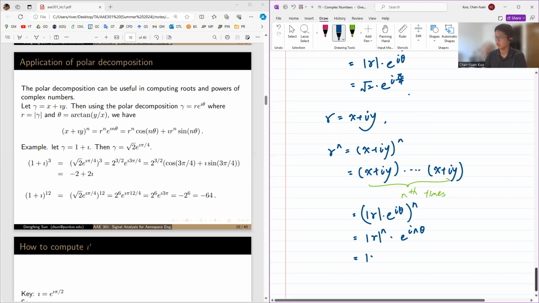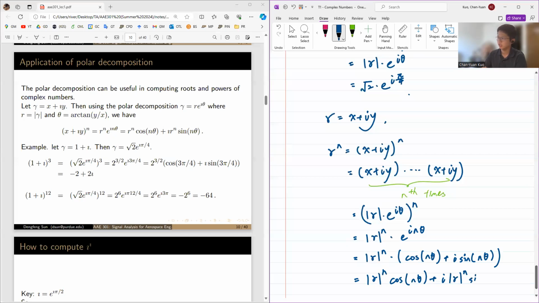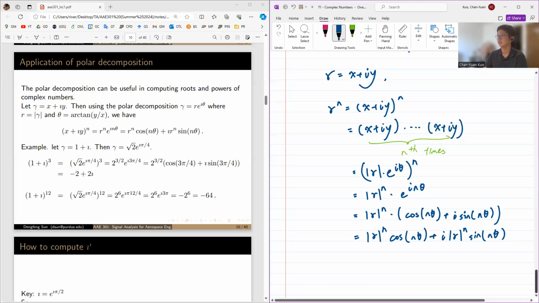So we will have the magnitude of gamma to the power of n times cosine n theta plus i sine n theta. And this will end up being gamma to the power n cosine n theta plus i gamma to the power n sine n theta, which is much easier, right?